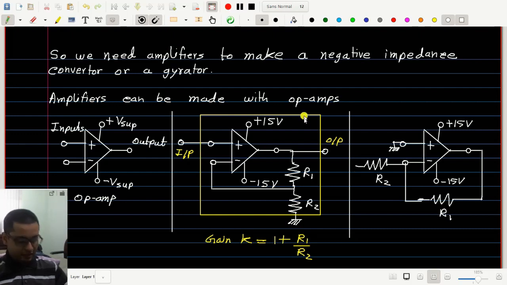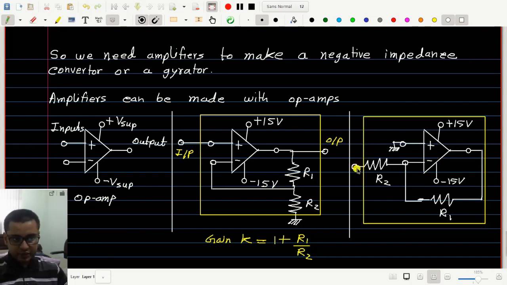Okay, then this circuit will act as an amplifier, with this being the input of the amplifier and this being the output of the amplifier. The gain of this amplifier, that is K, is given by the ratio of R1 and R2, R1 by R2 with a minus sign.